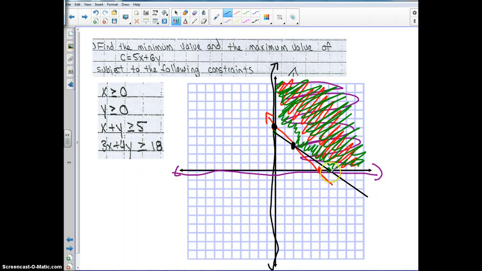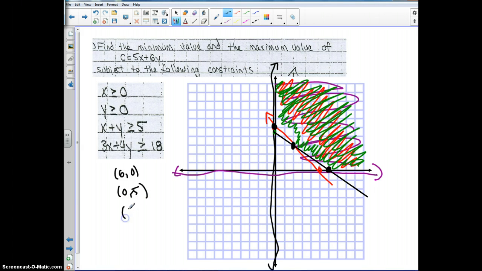And I'm looking at 3x plus 4y equals 18 intersects right here. So I have 3 solution points. My 3 solution points are 6, 0. And I also have a point at 0, 5. And my other one looks like it's at 2, 3.